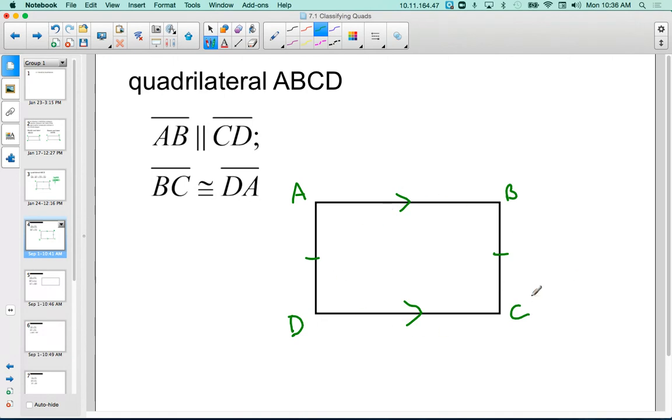It doesn't fit kite, okay? It does not fit the kite, but it does fit trapezoids because we have parallel sides here, and then BC and AD would be legs. If it were a trapezoid, it'd be a specific trapezoid. It'd be an isosceles trapezoid.